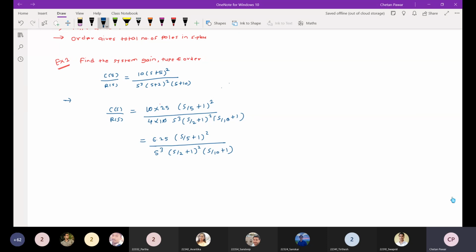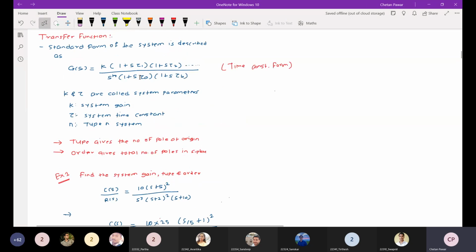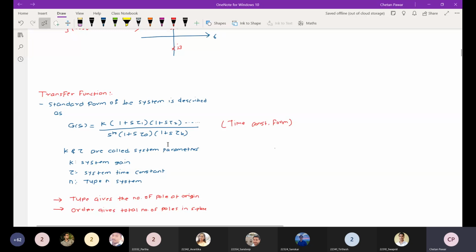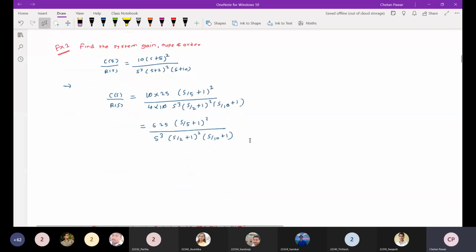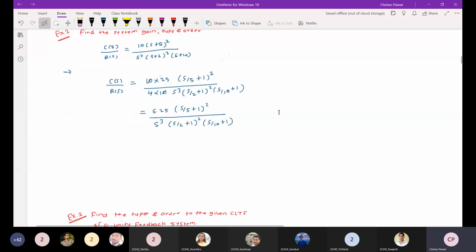Okay, so here you can see this particular term 6.25 is K, that is the system gain, right?